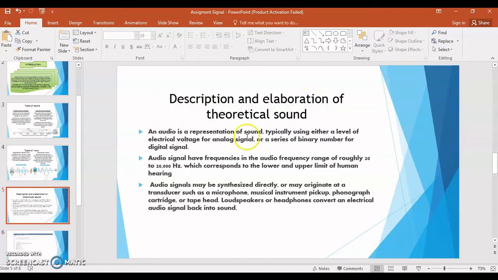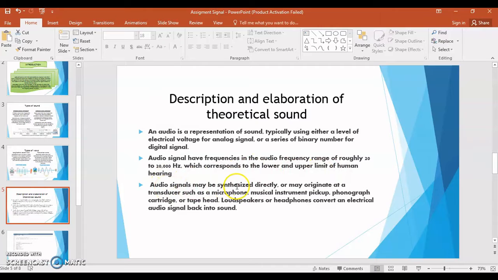Description and elaboration of theoretical sound. An audio is a representation of sound, typically using either a level of electrical voltage for an analog signal or a series of binary numbers for a digital signal. An audio signal has a frequency in the audio frequency range of around 20 to 20,000 Hz, which corresponds to the lower and upper limits of human hearing.